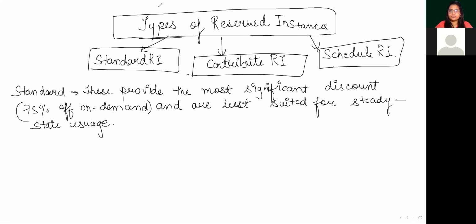So this type of reserved instance, standard, provides you the maximum discount, which is 75% off on demand, and is best suited for steady state users, meaning for the processes which have to run for a long term, for a long time.